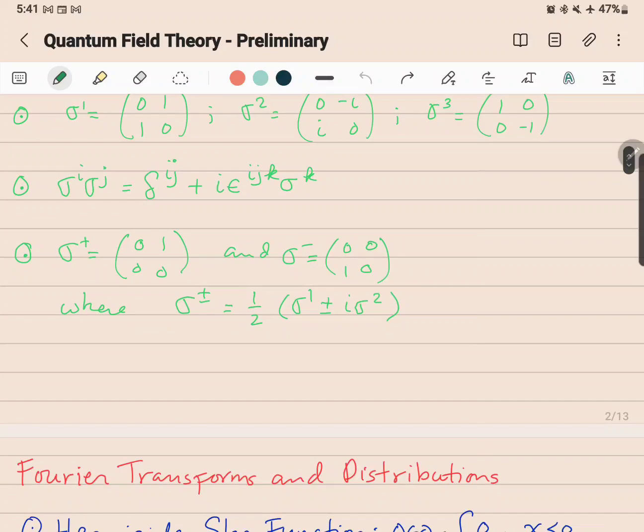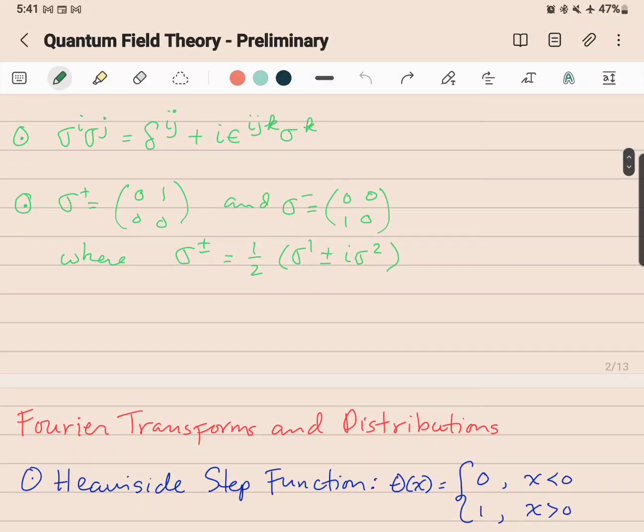So we also define sigma plus and sigma minus, where sigma plus is just sigma 1 plus i sigma 2, and the sigma minus is just sigma 1 minus i sigma 2, all over 2. So be careful with that. It comes out later on when we discuss the helicity and the spin of a particle.